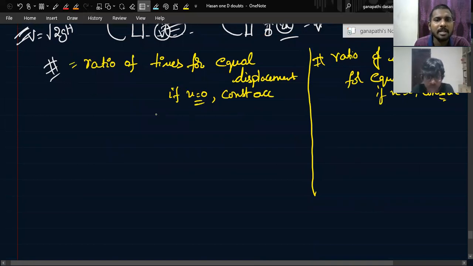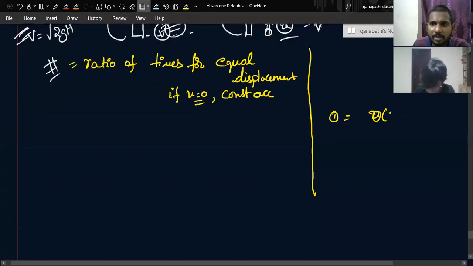Suppose we consider the ratio of times for equal displacement. I'll solve this, the ratio of displacement for equal times. See, in the first second, what is the distance traveled? ut plus half at square. u is 0 because it is a falling case, so 0 into 1 plus half g.